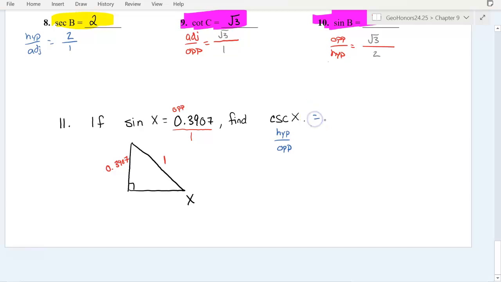This is going to be equal to 1 over 0.3907, which is approximately 2.5595. Now, my original sine value was provided to 4 decimal places, so I'm going to provide my new answer to the same number of decimal places as the given information.